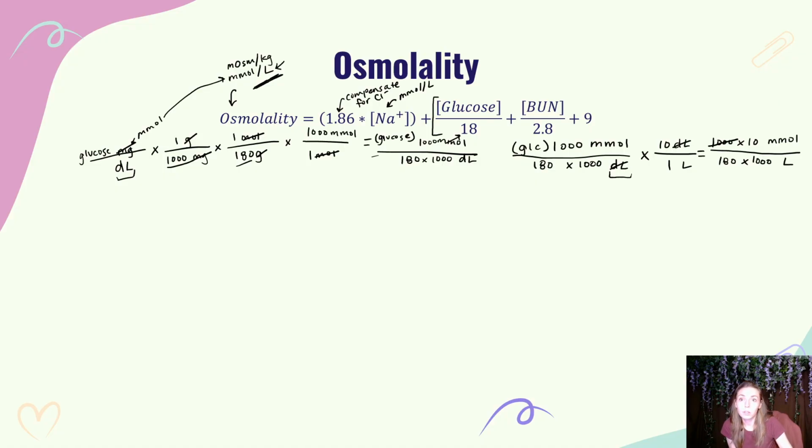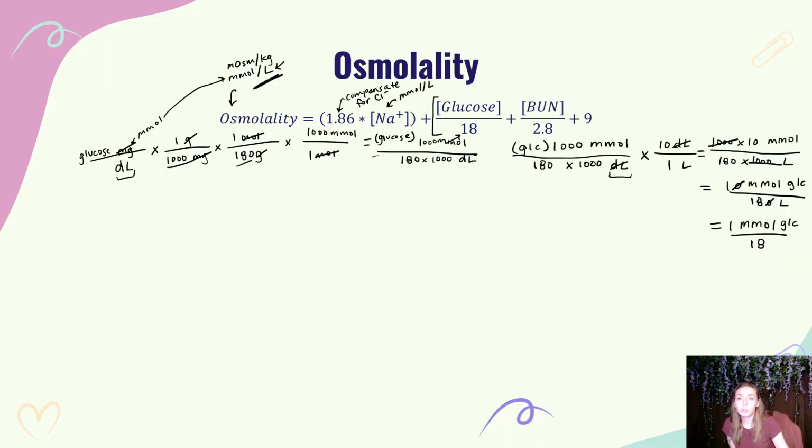Math-wise, the 1,000 and the 1,000 are going to cancel out, which leaves me with 10 millimoles of glucose per 180 liters. You can cancel out the ones. You're left with 1 millimole of glucose per 18 liters.